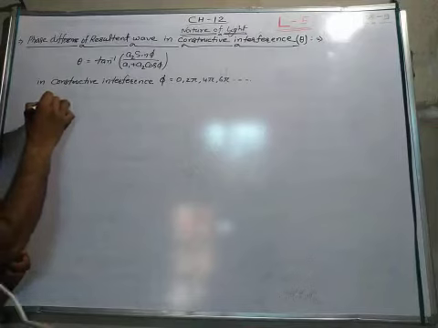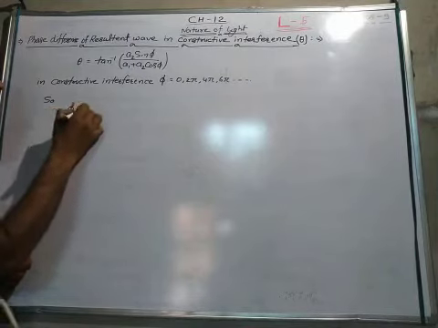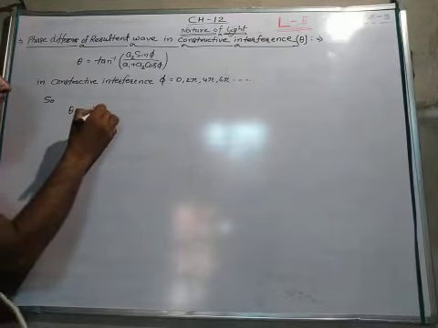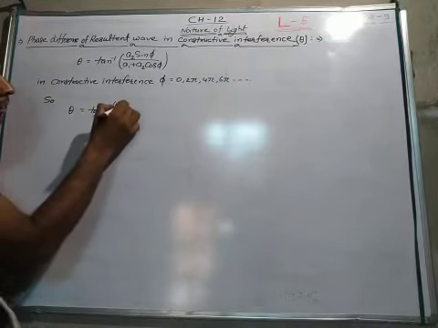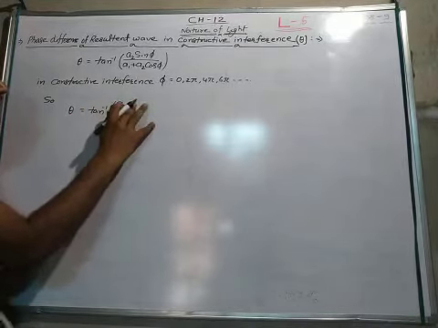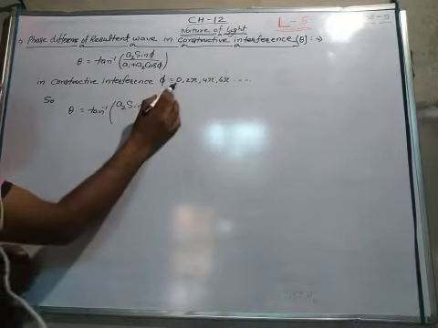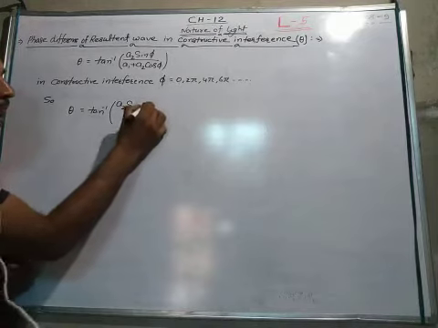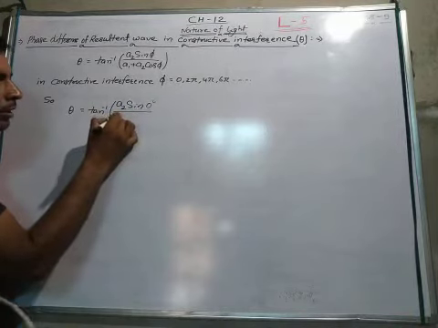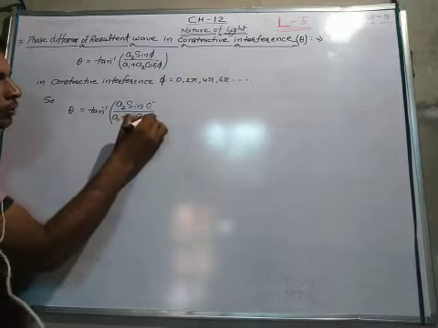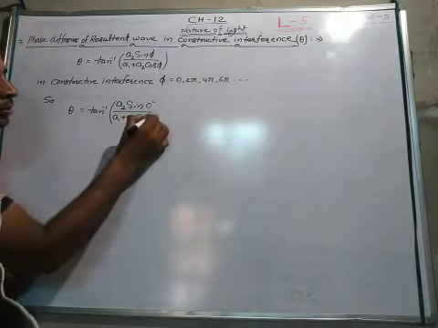So theta is equal to tan inverse of A2 sin phi, and in place of phi I use 0, upon A1 plus A2 cos 0.